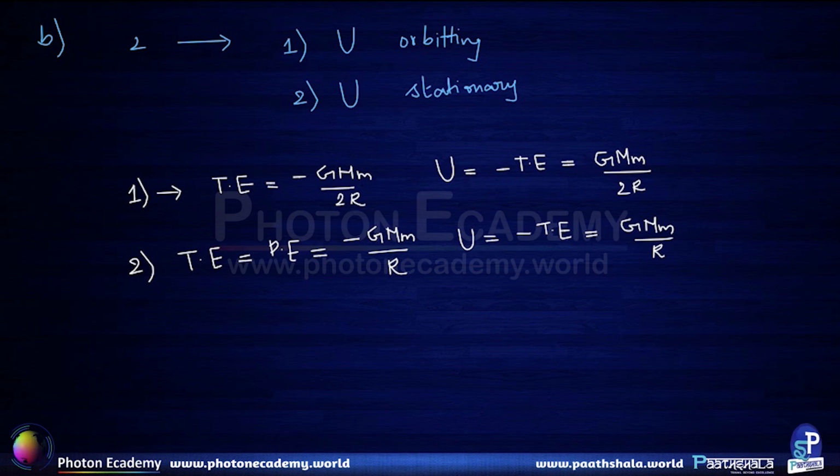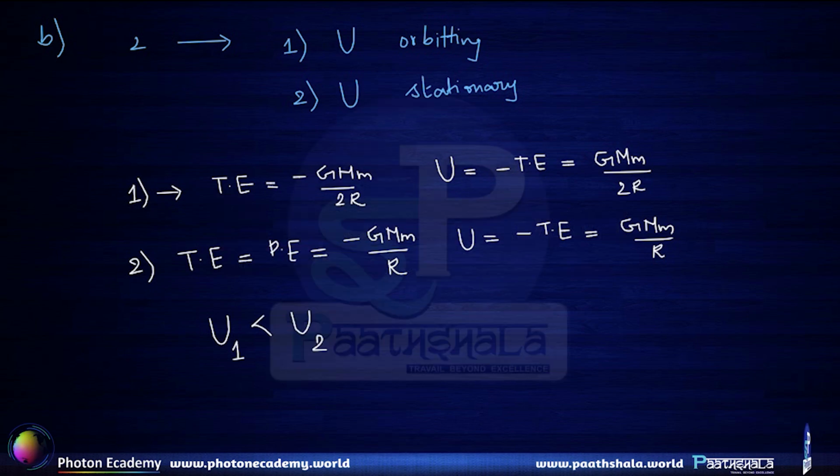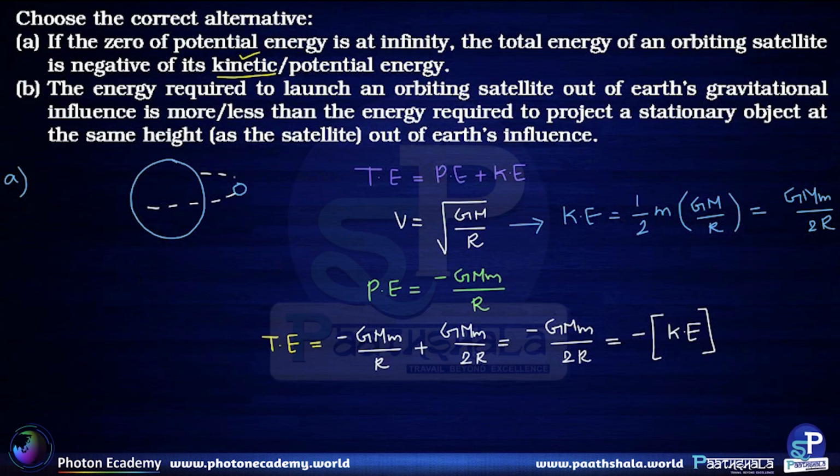So we need lesser energy to project an orbiting satellite than that of the stationary satellite. So U1 is less than U2. So in this case it is less.